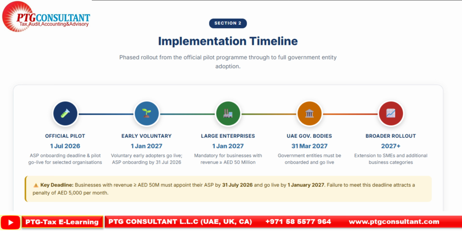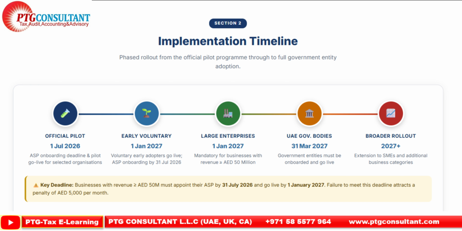July 2026. By the 31st of March 2027, all UAE government entities must be fully onboarded and live on the e-invoicing network. From 2027 onwards, the framework will extend to SMEs and additional business categories, with specific timelines to be confirmed by the FTA.